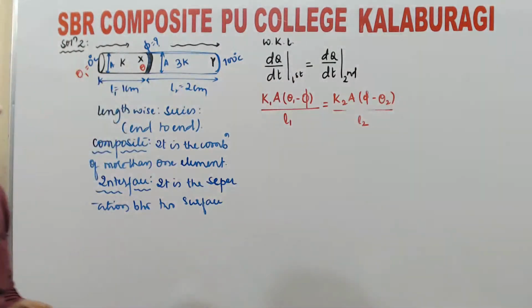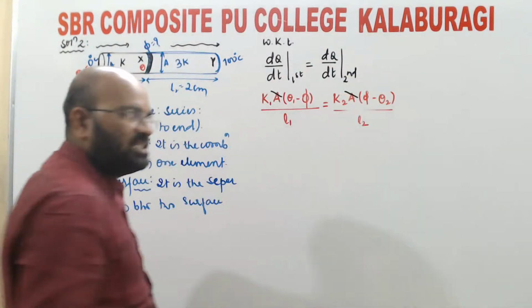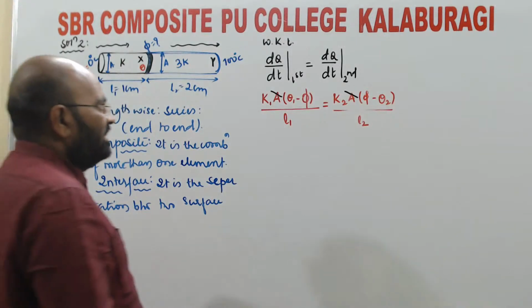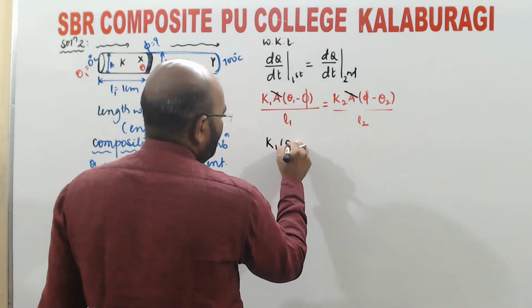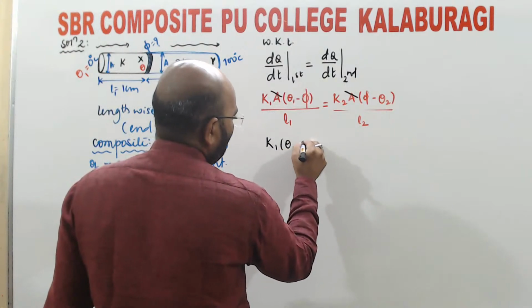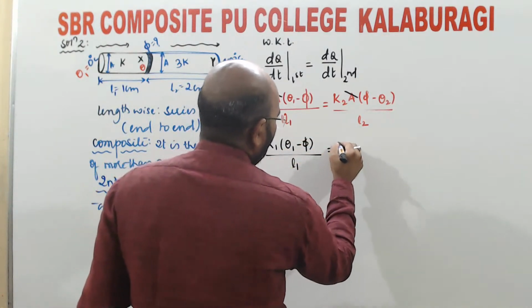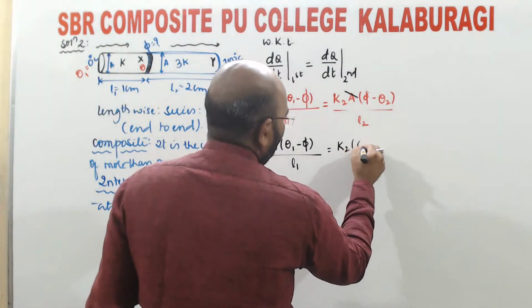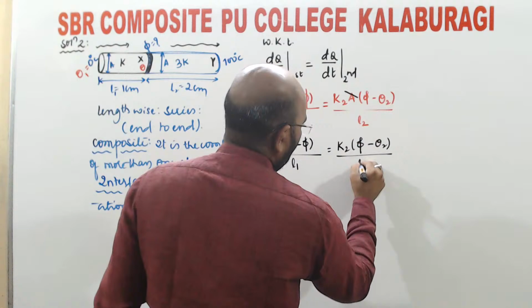From this condition, the cross-section area on the LHS and RHS will cancel. Then we have K1 into theta 1 minus phi, whole divided by L1, equals K2 into phi minus theta 2, whole divided by L2.